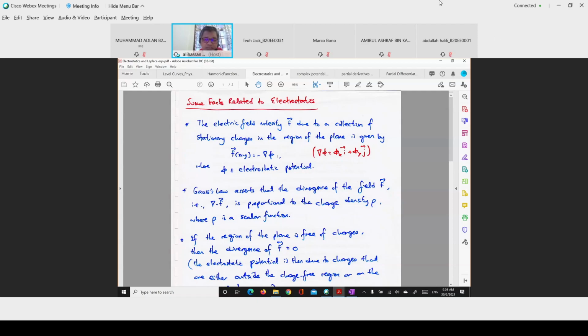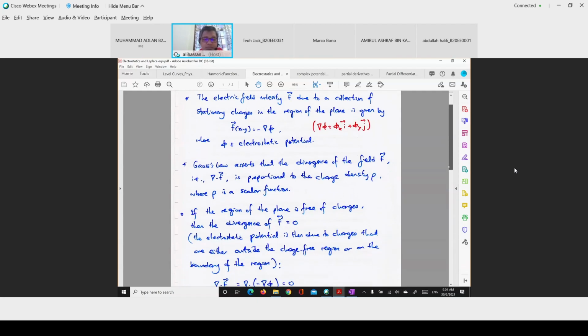You will study this later on. Where phi is an electrostatic potential. So we have an electric field written in terms of a gradient of a function phi. So phi is a function of two variables here, the electrostatic potential.